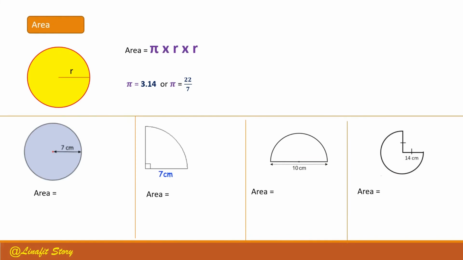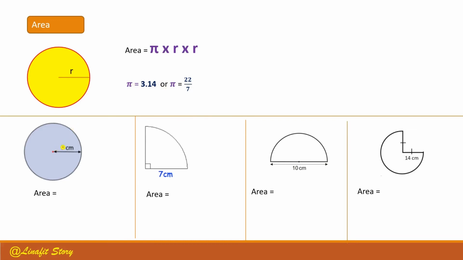Area of a circle is the region occupied by the circle in a two-dimensional plane. To get the area of a circle is pi times radius squared. Pi is equal to 3.14 or pi is equal to 22 out of 7. This is the question.